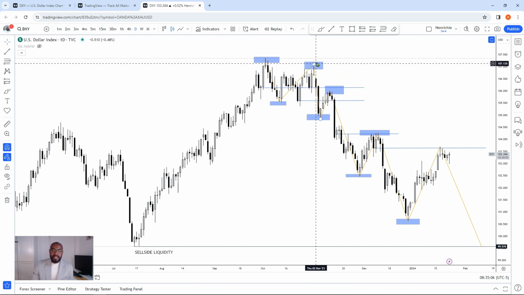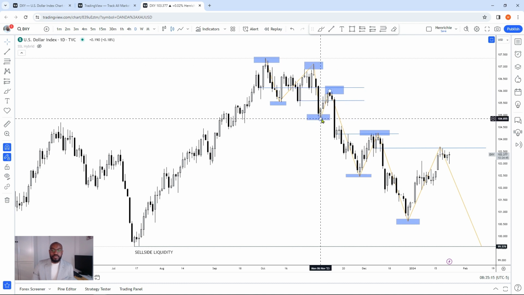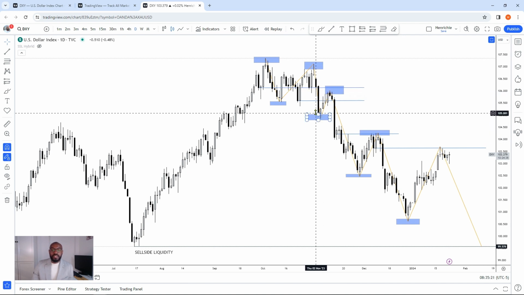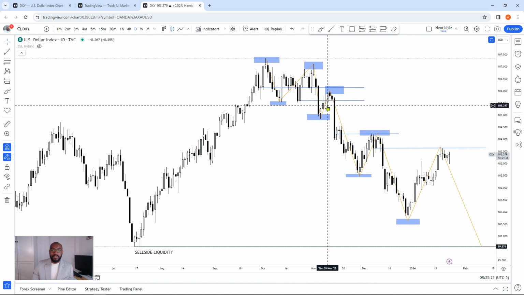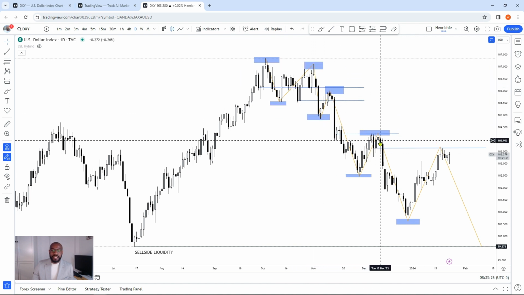So this means that these previous highs are high resistance liquidity levels. And these lows right here are low resistance liquidity levels. So price can easily run through these lows, and it's finding it difficult to run through any of these highs.